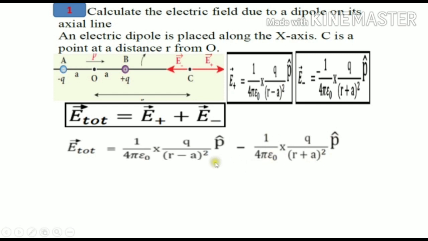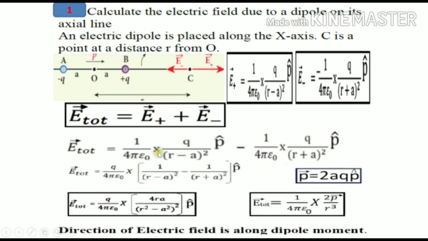Now, arranging these equations, the common factor is taken outside. Here both have q by 4 pi epsilon 0. The remaining factor is 1 by (r minus a) the whole squared minus 1 by (r plus a) the whole squared, p unit vector. Now cross multiply and expand the (a plus b) whole squared form.